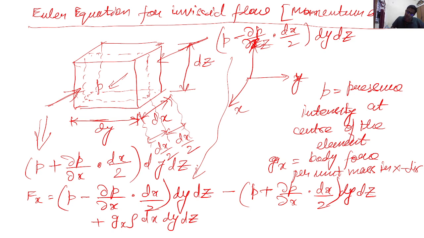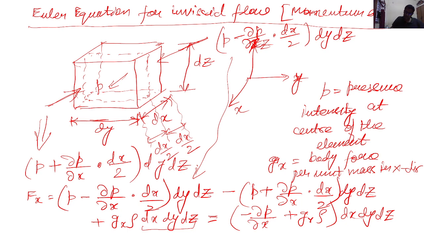So Gx is a body force per unit mass, and we are multiplying body force per unit mass by mass. Rho times the volume would be nothing but the mass. So Gx times the mass would be equal to the force, plus Gx times rho times dx dy dz. So this is the expression we find from it.